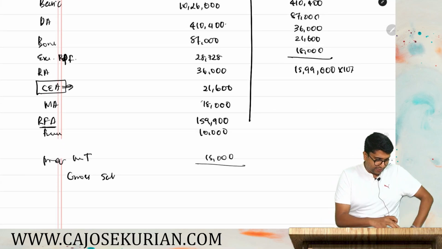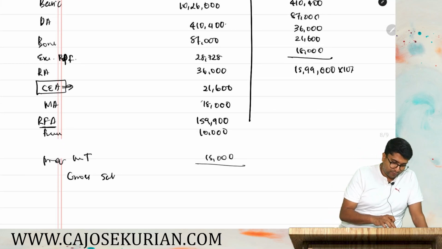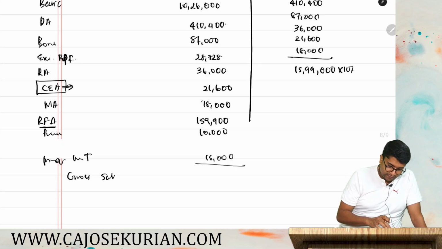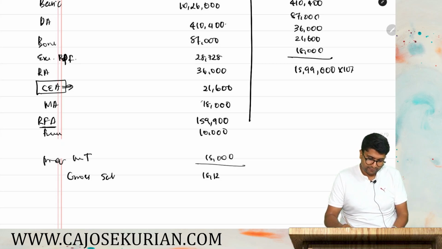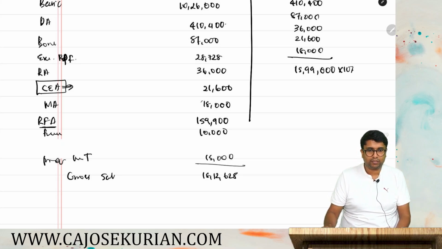Okay, so tell me friends, how do you value this? 10,26,123 plus 4,10,400 plus 87,000 plus 28,728 plus 36,000 plus 21,600 plus 18,000 plus 1,59,900 plus 10,000 plus 15,000, and the total value will be 18,12,628. 18,12,628 shall be the total value.